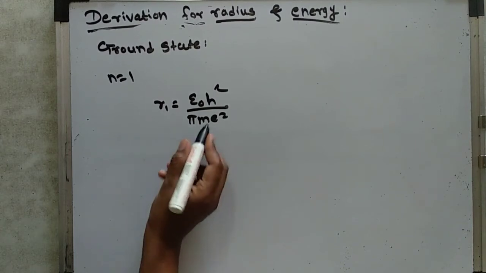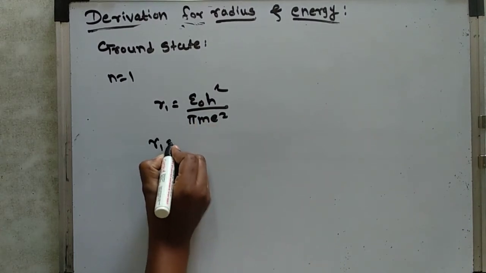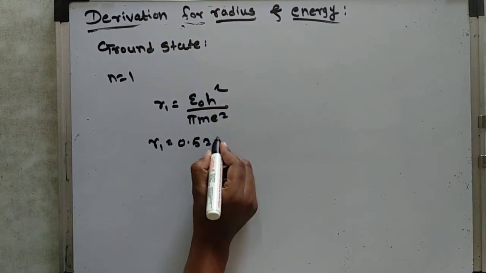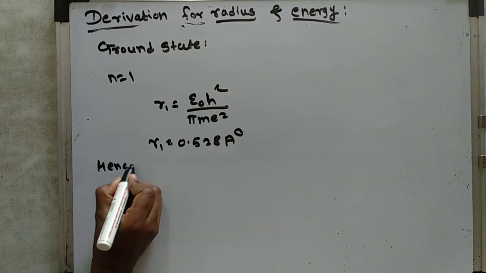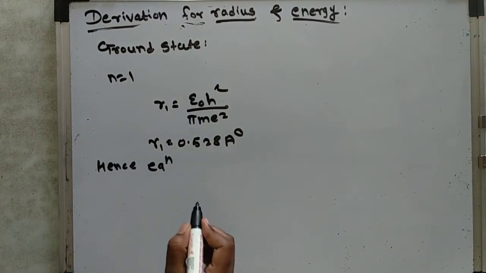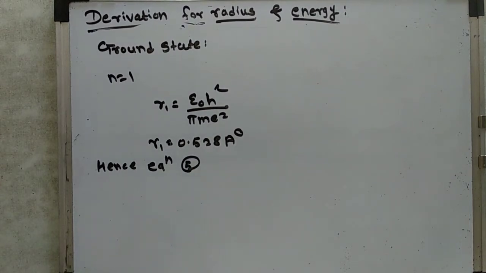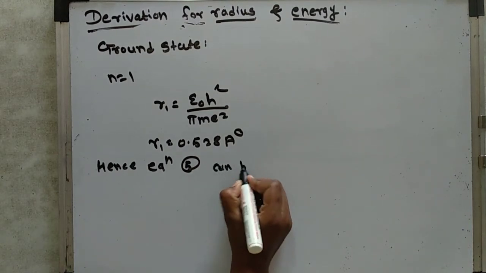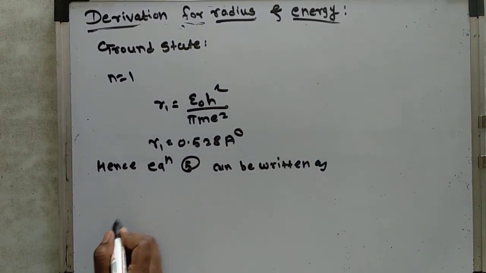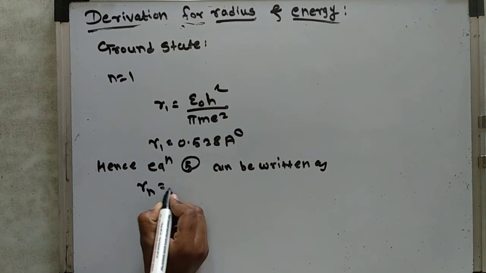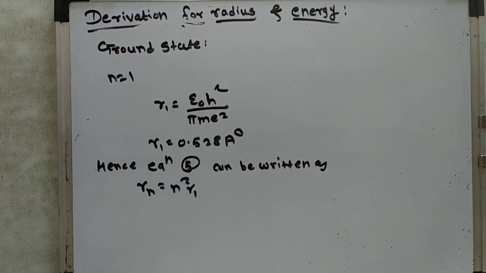What is r1? r1 is equal to 0.528 Angstrom. Hence equation number 5 can be written as rn is equal to n square into r1.